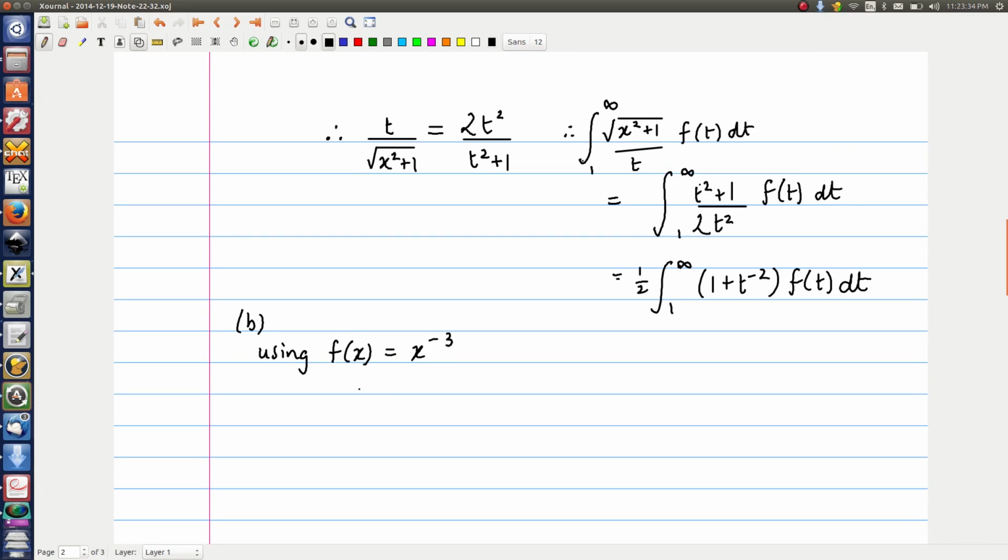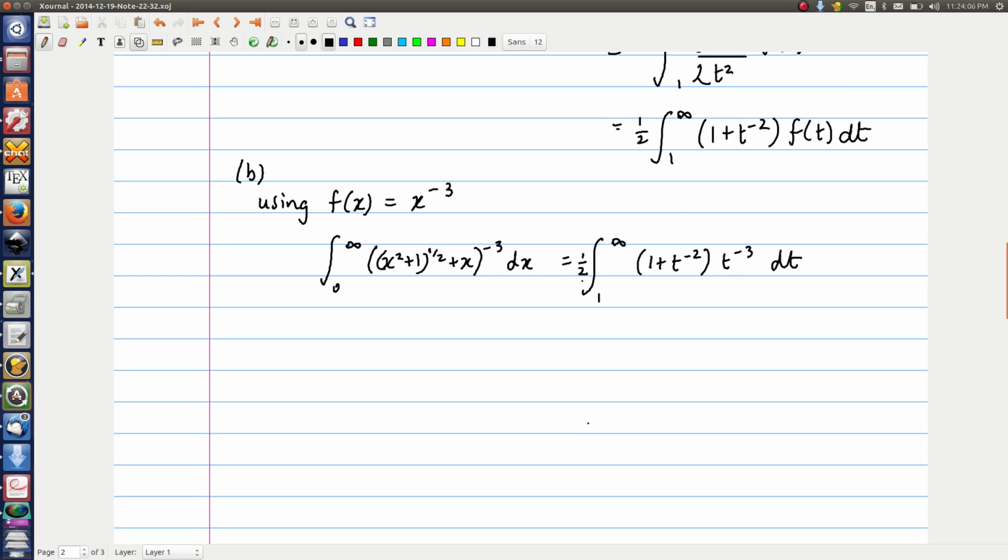We can say the integral from 0 to infinity of x squared plus 1 to the half plus x, all to the power of minus 3 dx must be equal to the integral from 1 to infinity of 1 plus t to the power minus 2, and then f of t is t to the minus 3 dt, although we need a 1/2 there. And so we can see the integral on the right is very simple.